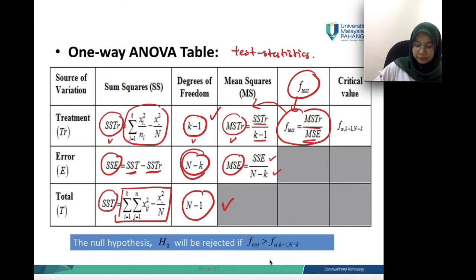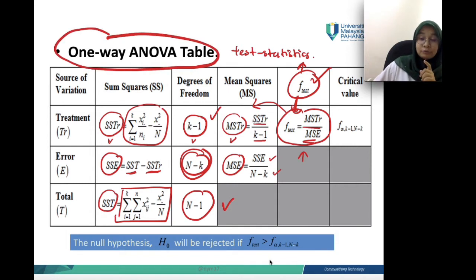Okay, so I repeat again. In step 2, we want to find the F-test as your test statistic. The formula to find the F-test is here. In order for you to have this F-test, you have to go through all the process, so you have to construct this ANOVA table, right?